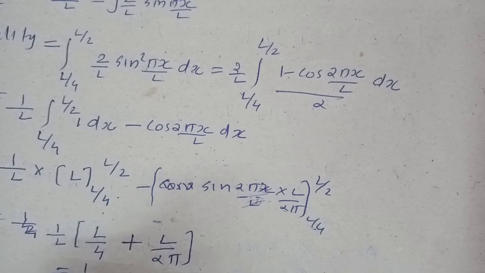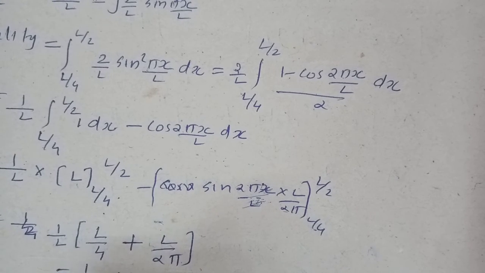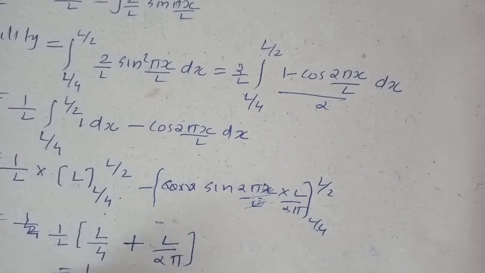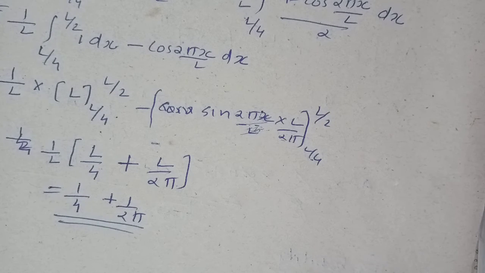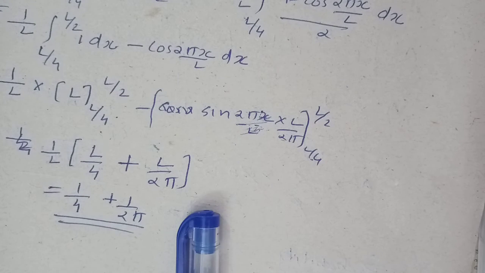So we got 1/4 plus 1/(2 pi) as the answer, the probability from L/4 to L/2.